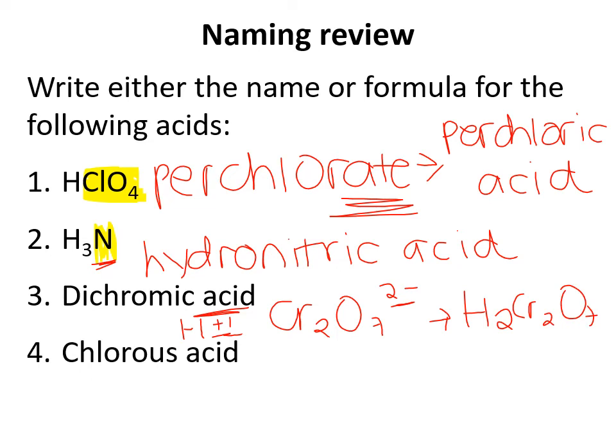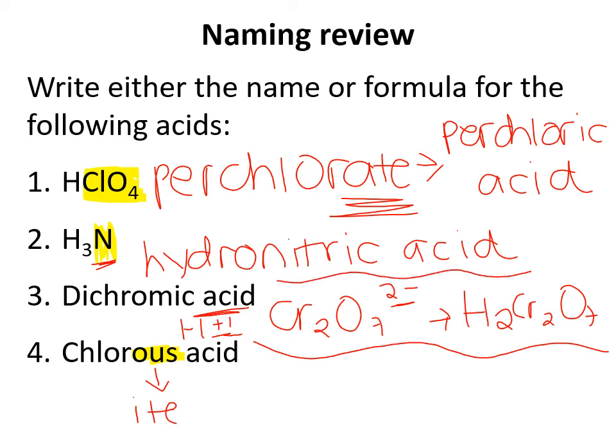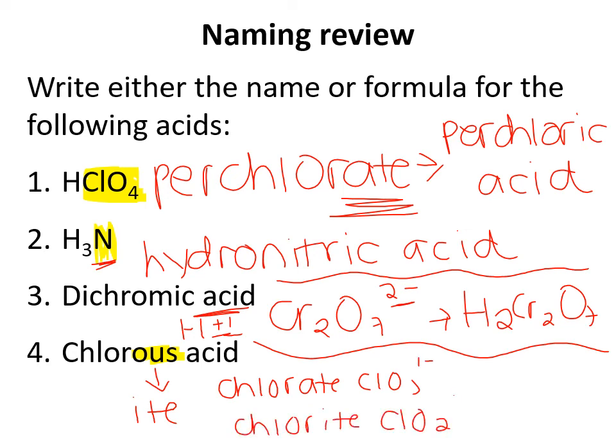And then the last one, chlorous acid. When I look at that, Sprite is delicious, so chlorous means it is chlorite. Go to your polyatomic ion list, and I don't think chlorite is on there, but chlorate is on there, and chlorate is ClO3, 1 negative. So chlorite is ClO2, 1 negative, because the ites have 1 less oxygen than the ates.